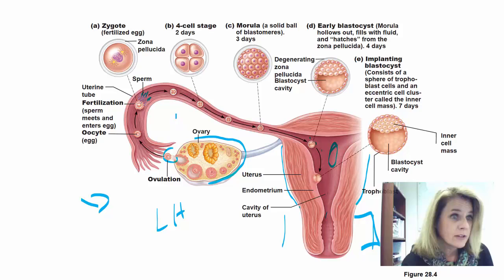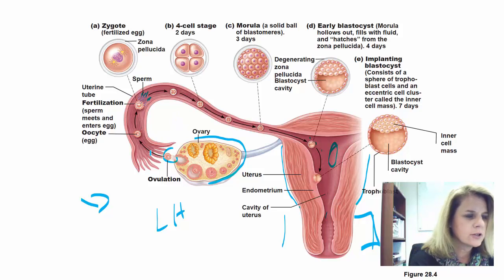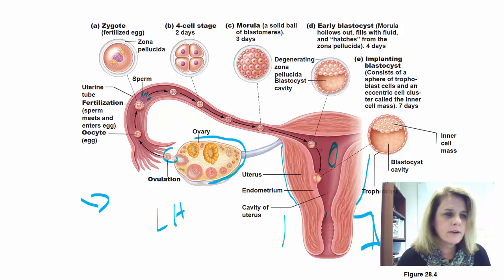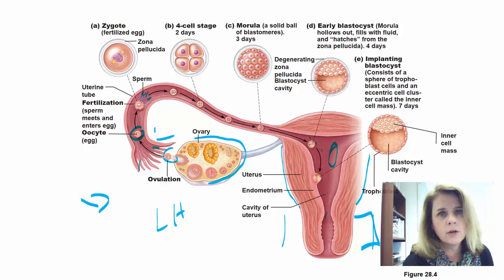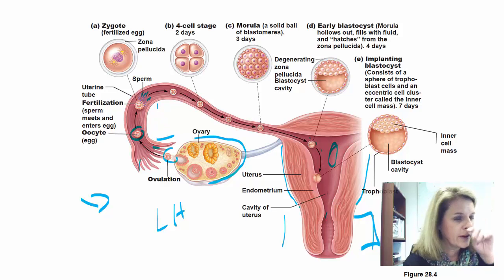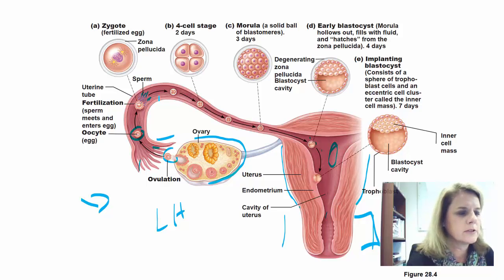So the egg has been ovulated. It's got that little circle of the corona radiata around it. So you have the oocyte, which has been released. It's been caught by the fimbriae, being traveled into the fallopian or uterine tubes, where possibly it meets the sperm.